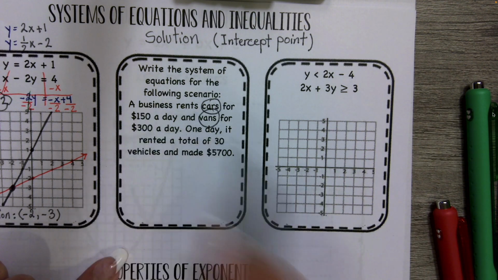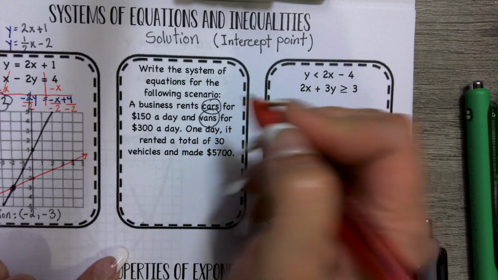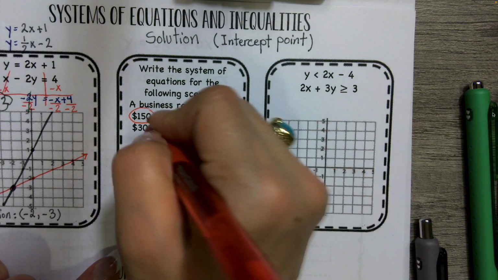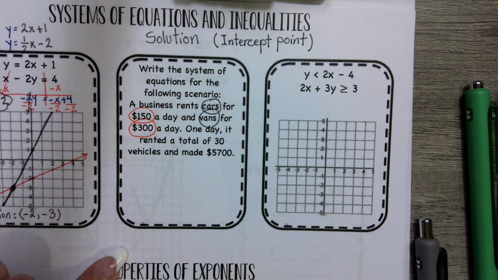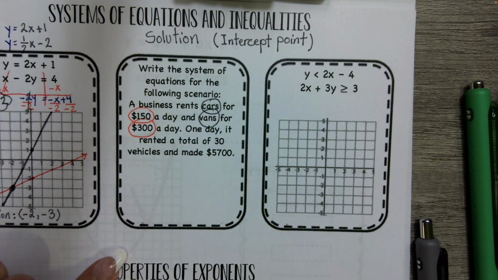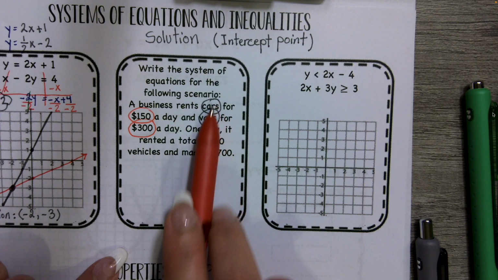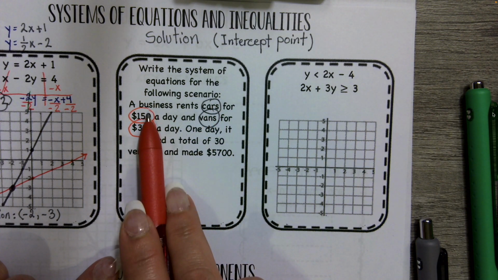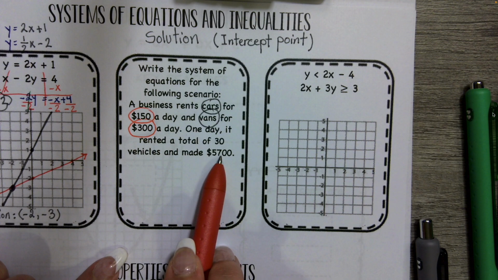So we know that cars are $150 a day and vans are $300 a day. So therefore, the numbers go with numbers. The amount of money goes with money.